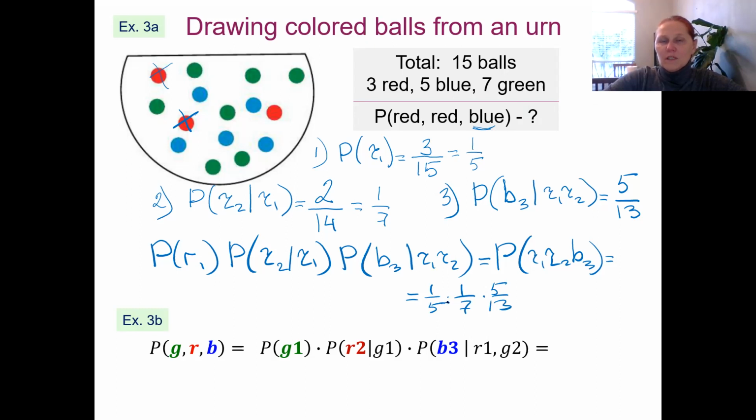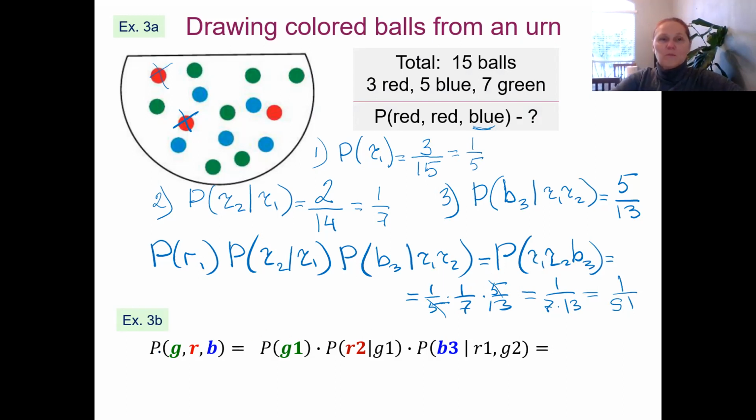We can simplify it a little bit. We have 5 in the numerator and 5 in the denominator. We can cancel them out and we get 1 over 7 times 13, or 1 over 91.